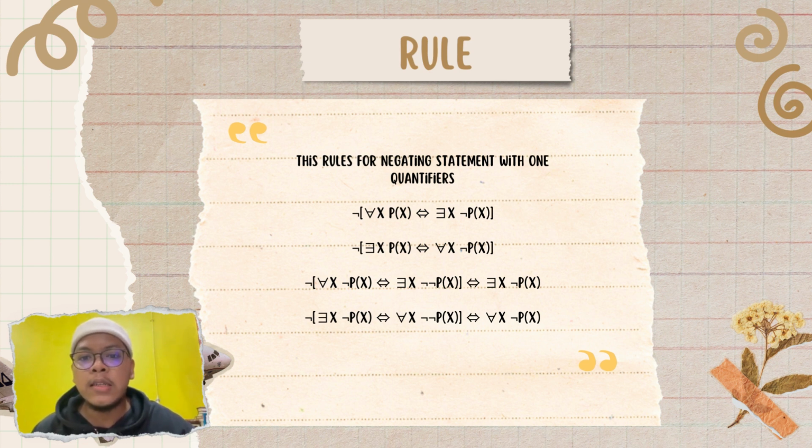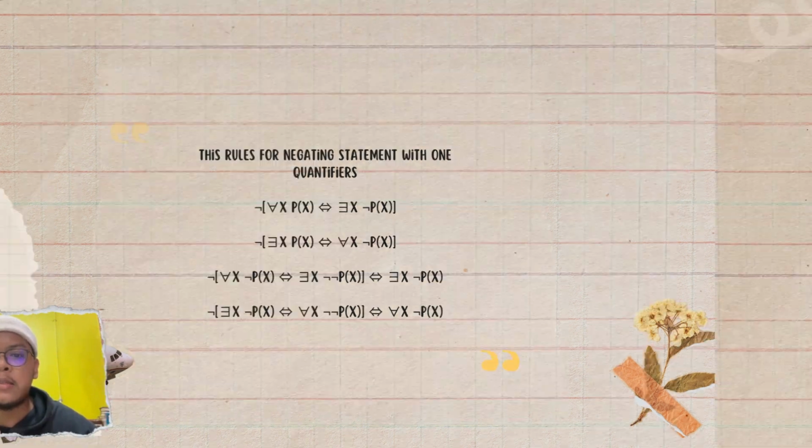The third one is the negation of for all x, negation of P(x), which is logically equivalent to for some x, double negation of P(x), which is logically equivalent to for some x P(x). And the last one is the negation of for some x, negation of P(x), which is logically equivalent to for all x, double negation of P(x), which is logically equivalent to for all x P(x).